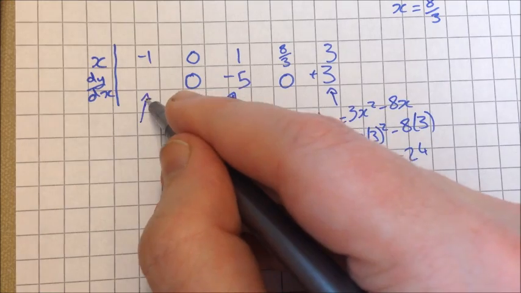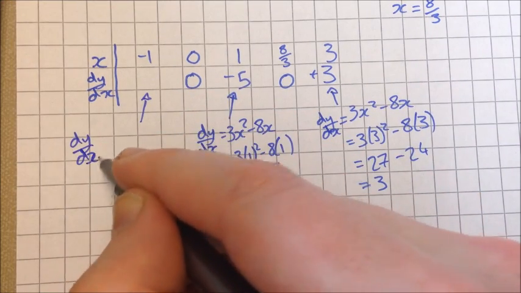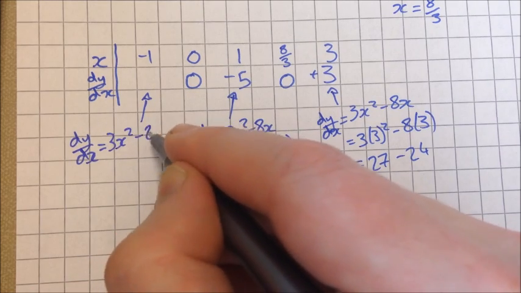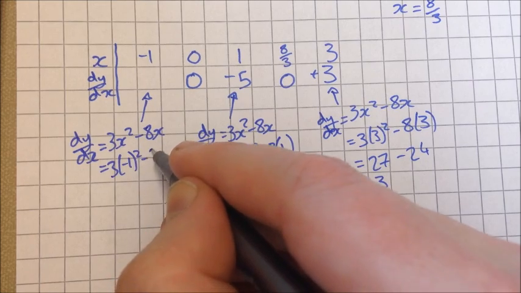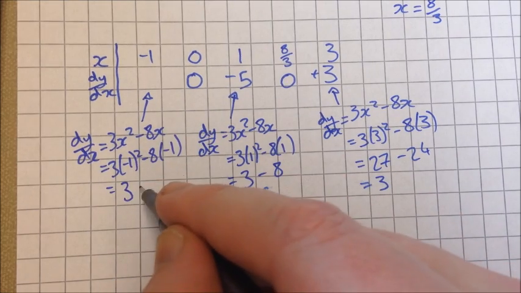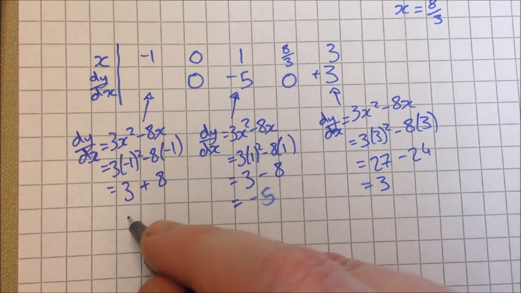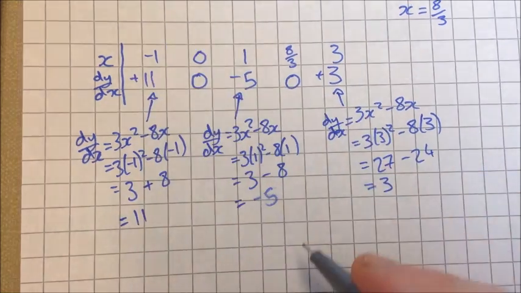And this one, dy/dx, 3x squared take away 8x, 3 lots of negative 1 squared take away 8 lots of negative 1, 3 plus 8, the negative 8 times negative 1 is positive 8, so that's 11, so that's a positive.